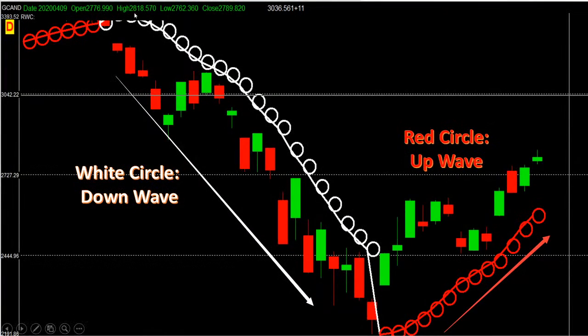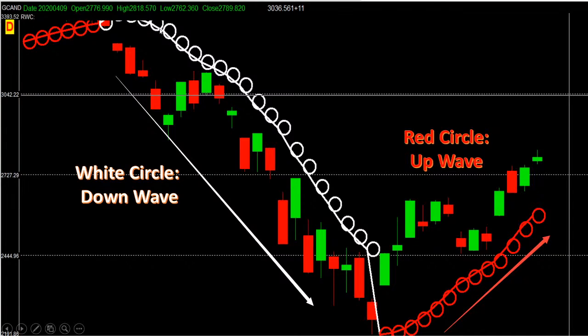Let's look at the chart. One of the very important usages of the red and white circle is that it tells us the direction of the stock movement. If you see a white circle, then generally the share will move downward.